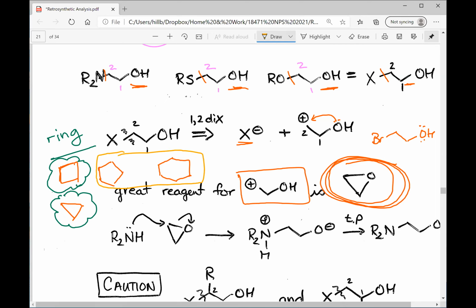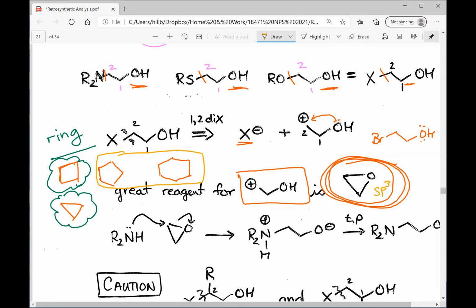Ring strain, right. So when you've got a 4-membered ring or a 3-membered ring, there's a strain basically built into the molecule, because this is basically an equilateral triangle here. So the bond angles are all wrong for an sp3 hybridized system, because that would normally be like 109 degrees, and these are essentially at 60 degrees.